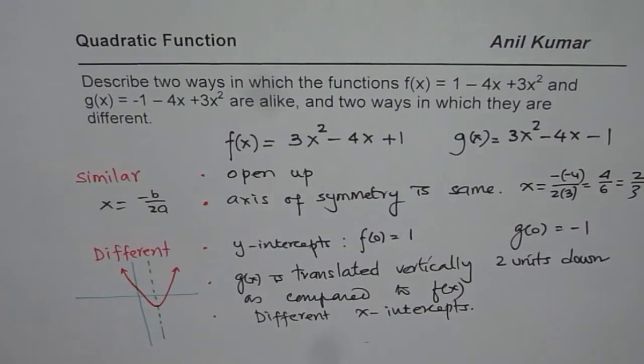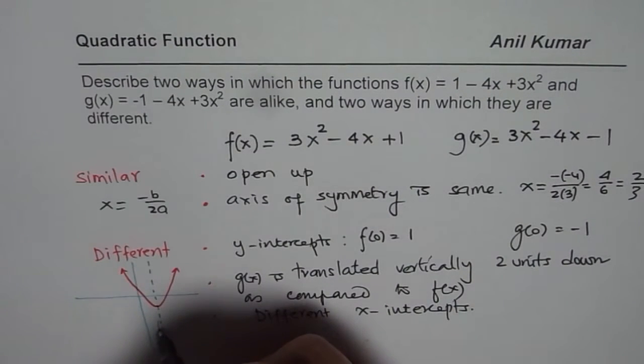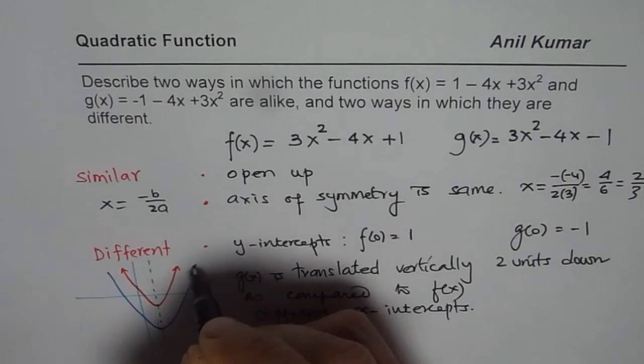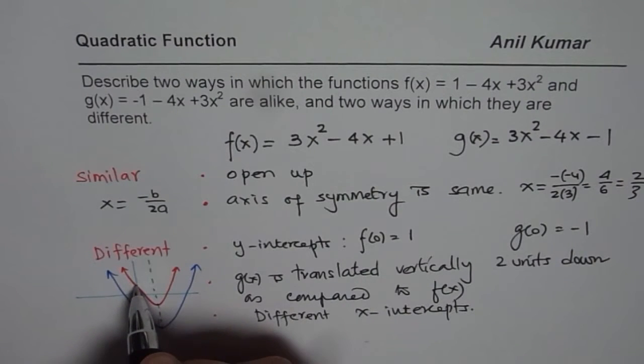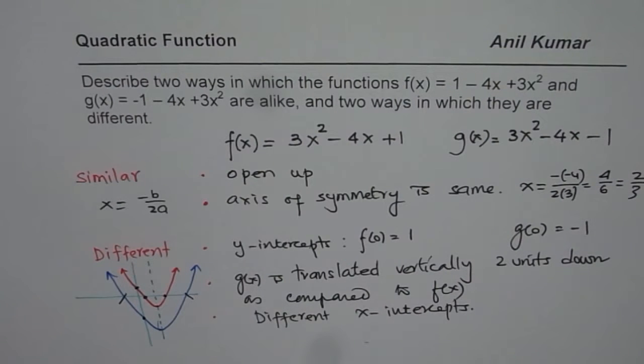And for the other graph, we could sketch it, because it has been translated down, correct? So it will be kind of like this, but they will be similar. Do you see that? So clearly what you observe here is that their y-intercepts are different and their x-intercepts are different, right? Those are major differences between these two functions.